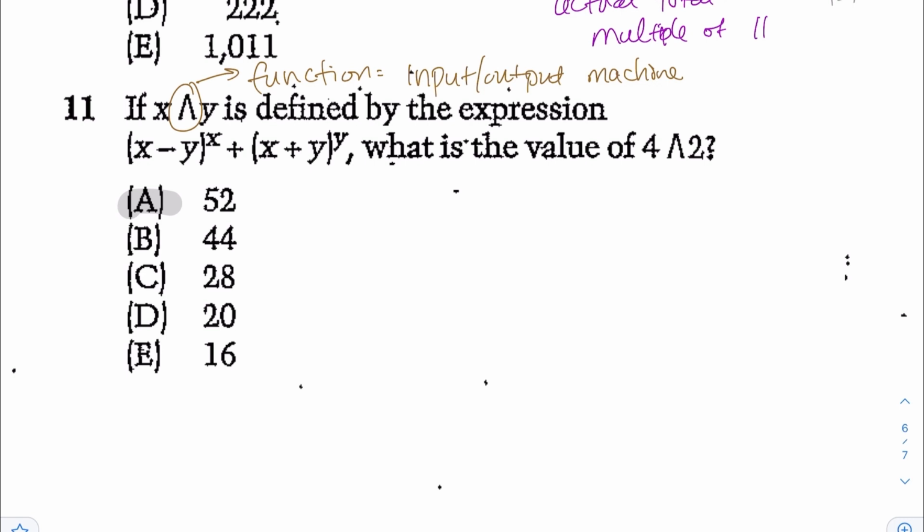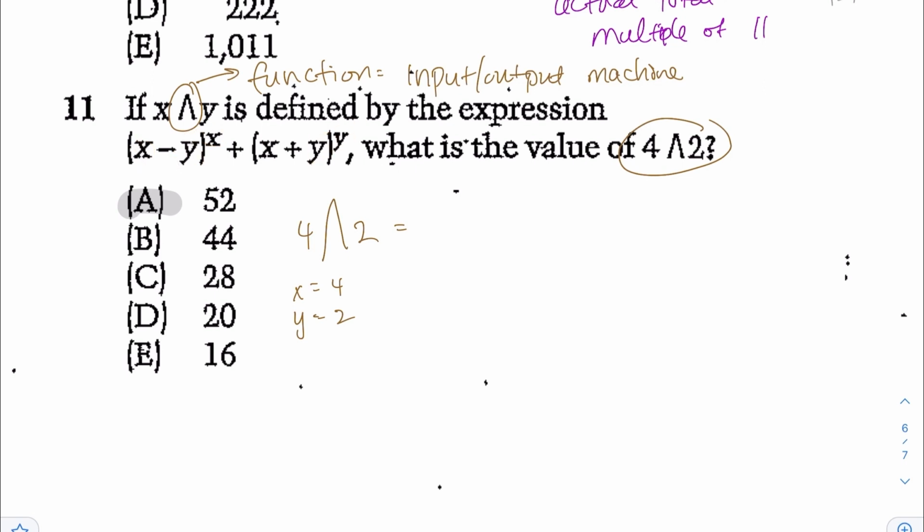In this case, you have 2 inputs, and you get this rule here, just follow that, and then you get your answer. So 4 symbol 2 is where x is equal to 4, y is equal to 2. So just replace all the x's with 4, and then all the y's with the number 2.